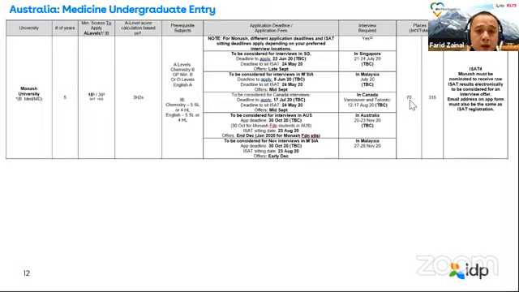The next column is where I would like to spend some time. It's quite elaborate with all the little details and information, but I'll just break it down for you. Pre-COVID, just to give you an idea, Monash ran their interviews across certain countries.